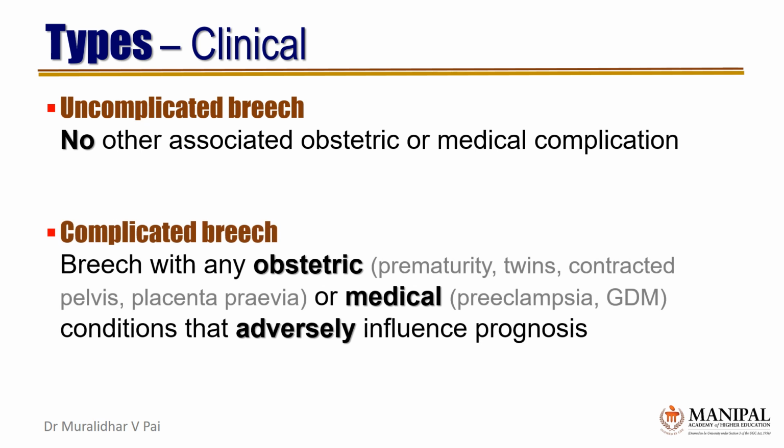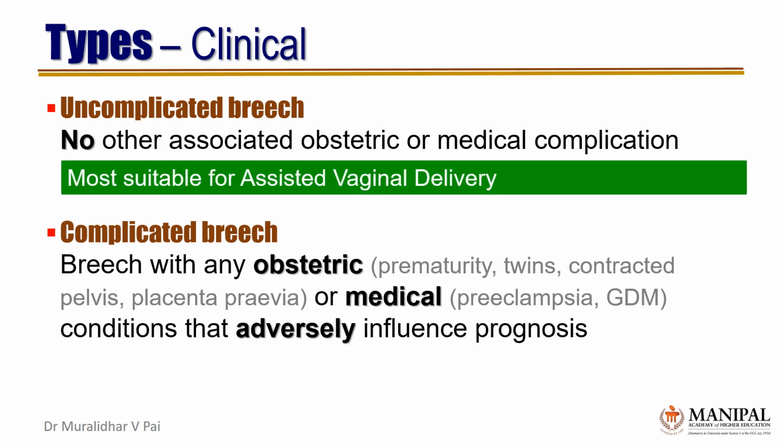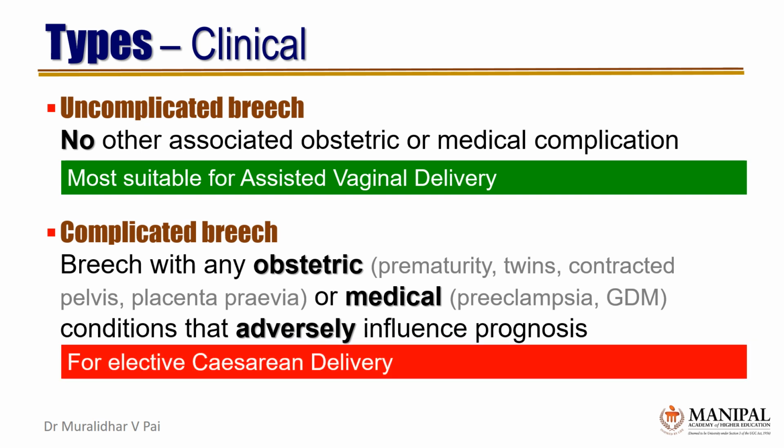Whereas complicated breech is one where, in addition to being breech, there may be obstetric complications, for example prematurity, twins, contracted pelvis, placenta previa, or medical complications such as preeclampsia or GDM, which adversely influence the prognosis. Uncomplicated breech is the one most suitable for assisted vaginal delivery, whereas complicated breech should go for elective caesarean delivery.